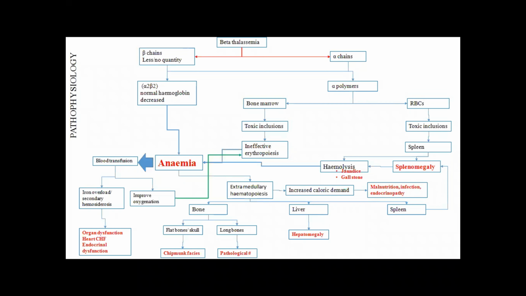The beta chains that are produced will pair with the alpha chains. In the very first lecture about hemoglobin structure and production, we learned that alpha and beta chains are produced in exactly the same amount, so that if alpha pairs with beta, at the end of the synthesis no alpha chain or beta chain remains.